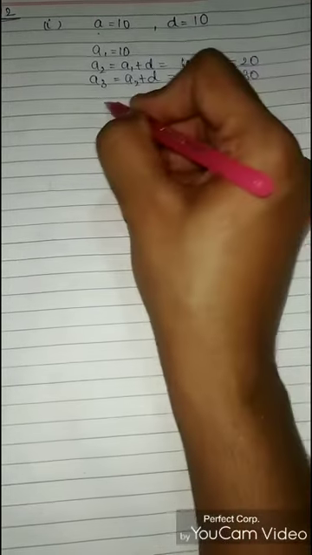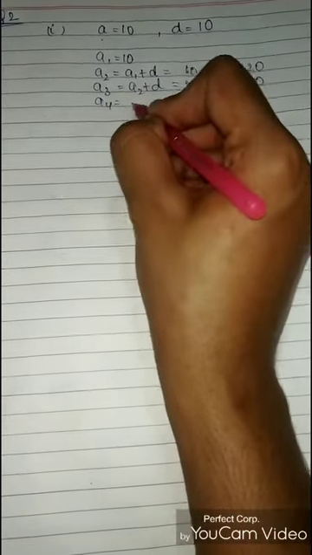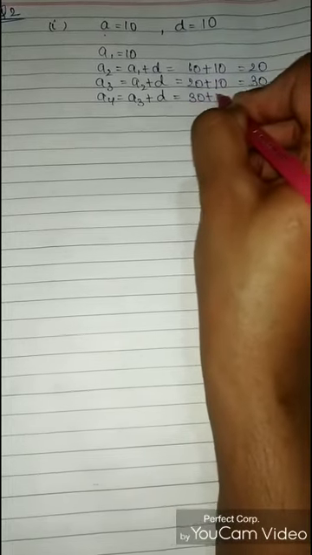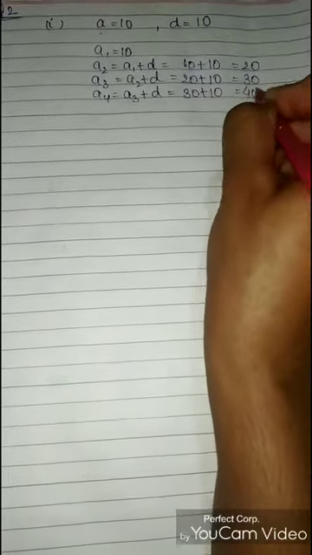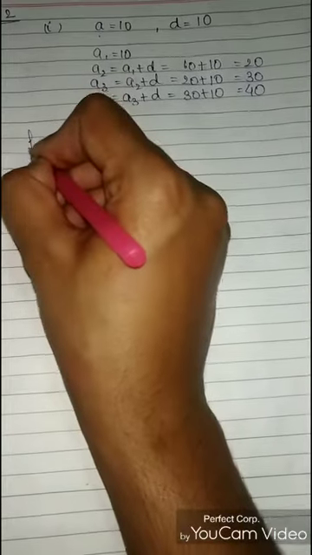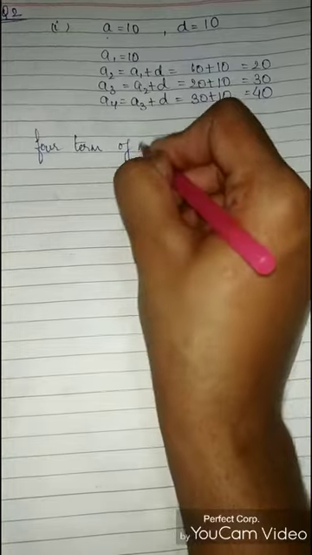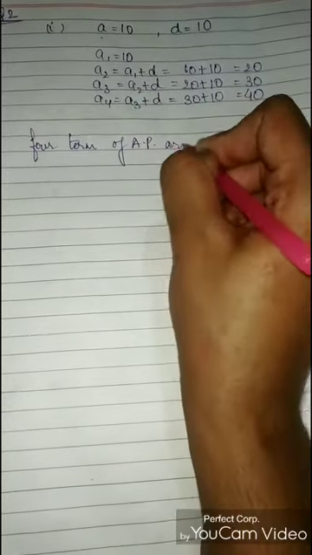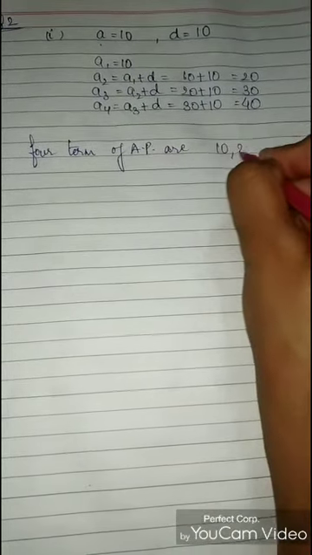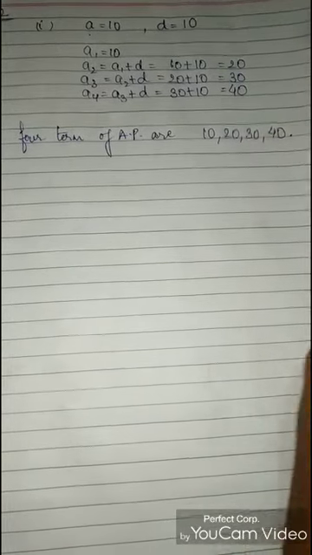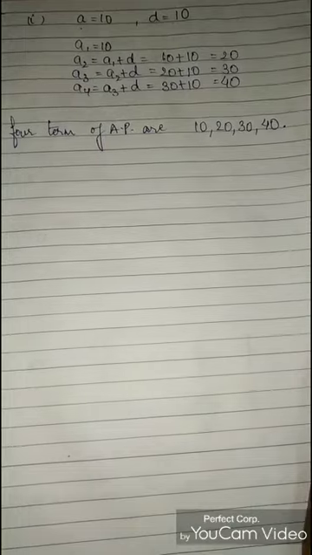A4 will be A3 plus D, that means 30 plus 10 gives you 40. So the 4 terms of AP are 10, 20, 30 and 40. In this way we will find the first 4 terms.